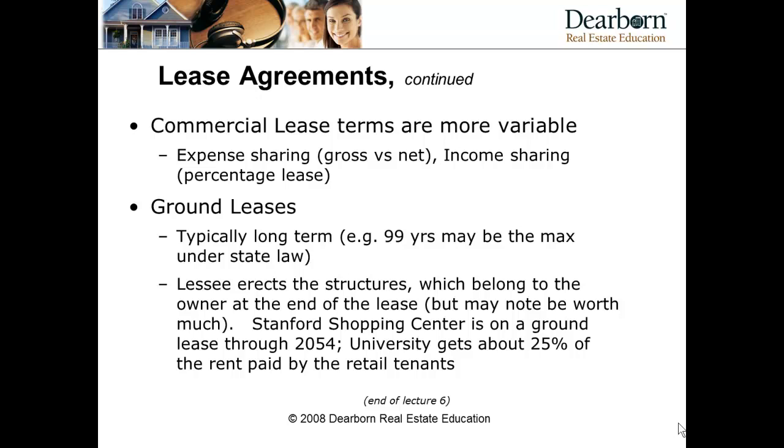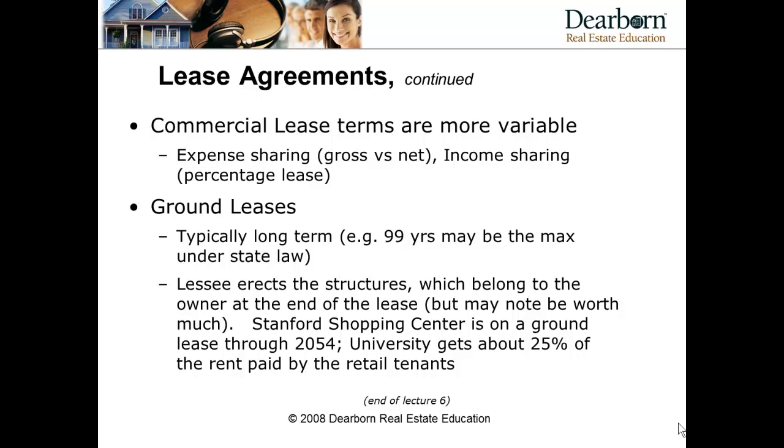Those structures, as we learned earlier, become fixtures, and they belong to the owner at the end of the lease. But after that long period, they may not be worth much or may not be viable in the market and would be torn down in any event. But it's important to understand that the lessee doesn't own the land, they're leasing it. They build the improvements, but those then become part of the land that goes back to the landlord.